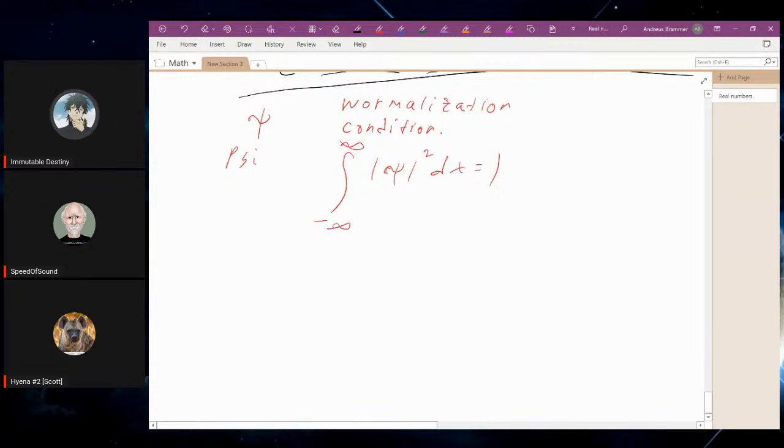So the first thing to note about psi, this wave function, is psi is complex. And this magnitude of psi thing, well, how can we rationalize that?